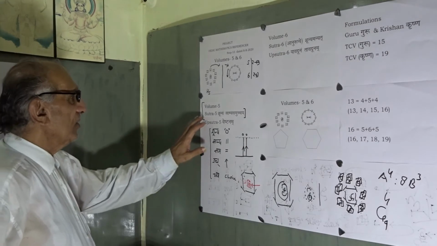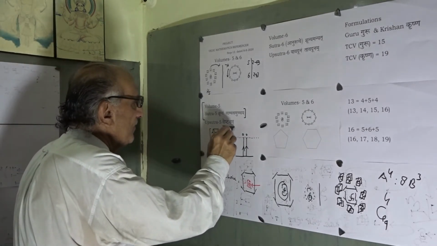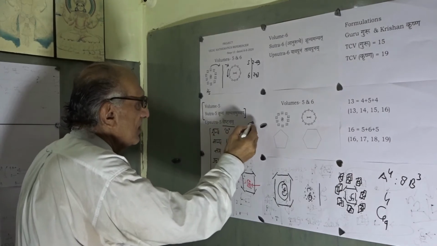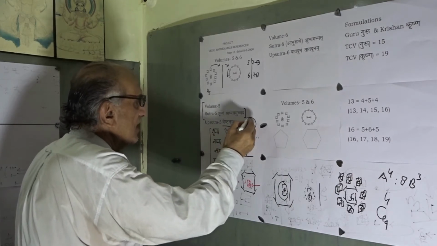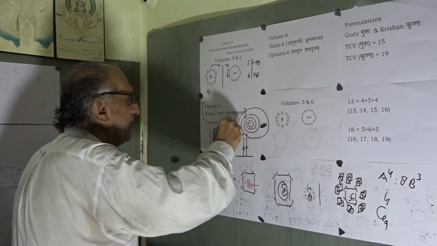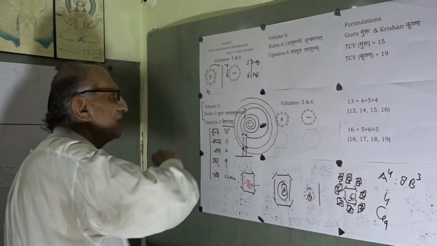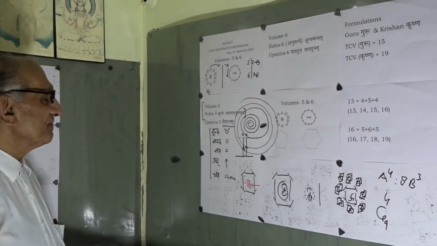In volume 5, the Upsutra Vestanam, which means the folds, how the space is having folds, and these make the gravitational zones for the planets.